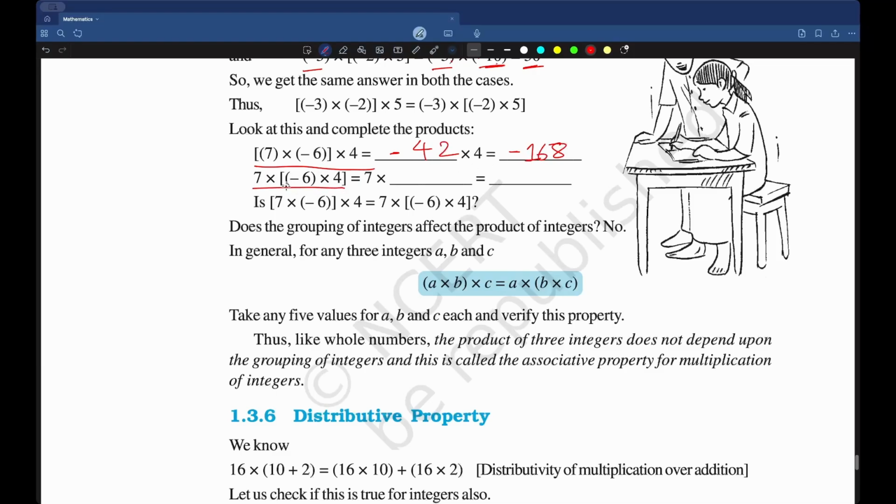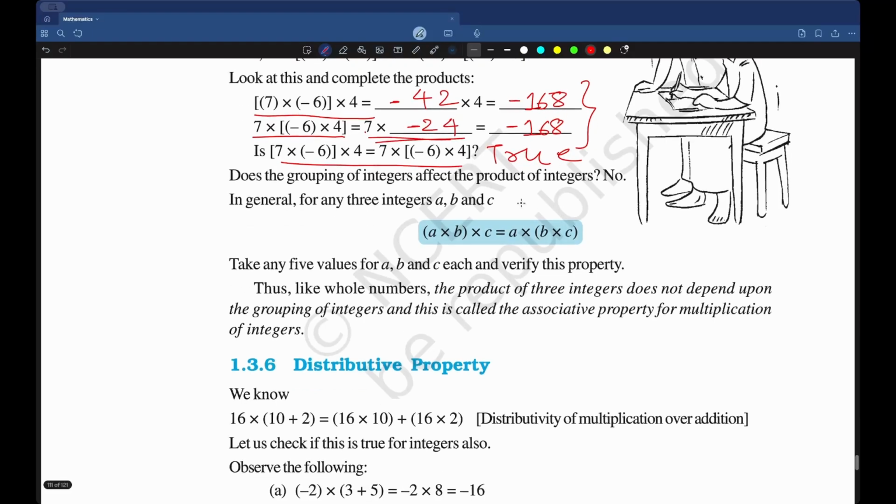Now we have minus into plus, that is minus, and 6 4s are 24, and 7 into 24 equals to 7 4s are 28, and 7 2s are 14, plus 2 is 16, and we have plus into minus is minus, so we have LHS equals to RHS. This is true.